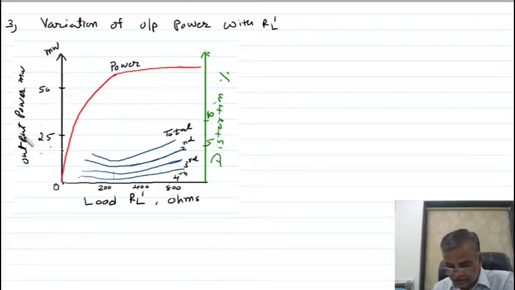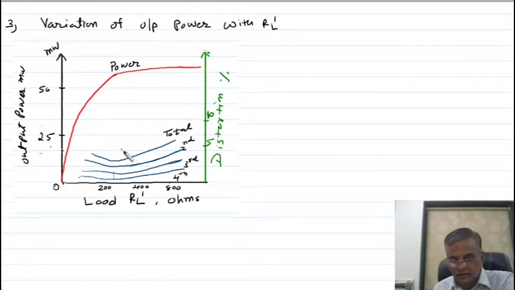Look at the graph again. The graph of output power with load RL' is shown in the figure, and here we have also shown the harmonic distortion. This graph shows that the load which gives the maximum output power is different than the load which gives the minimum harmonic distortion. For a good power amplifier, the harmonic distortion should be less.